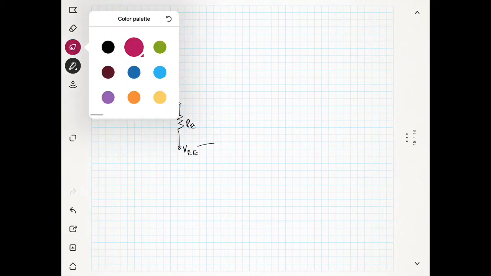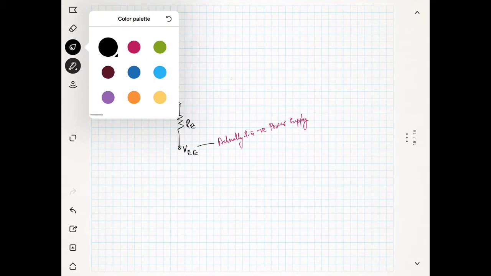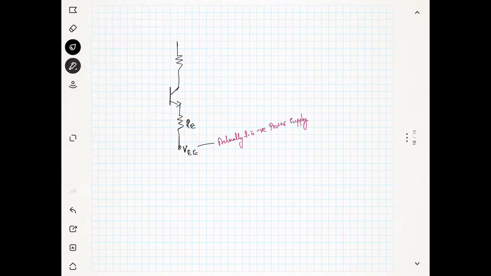For that, we assume that we have RE and we have VEE, which is a negative power supply, and we have RC and VCC.